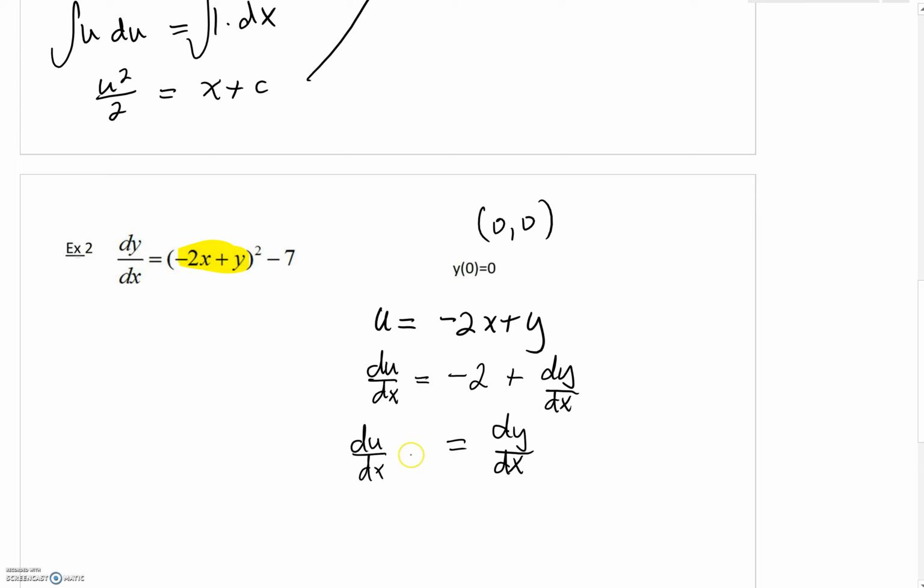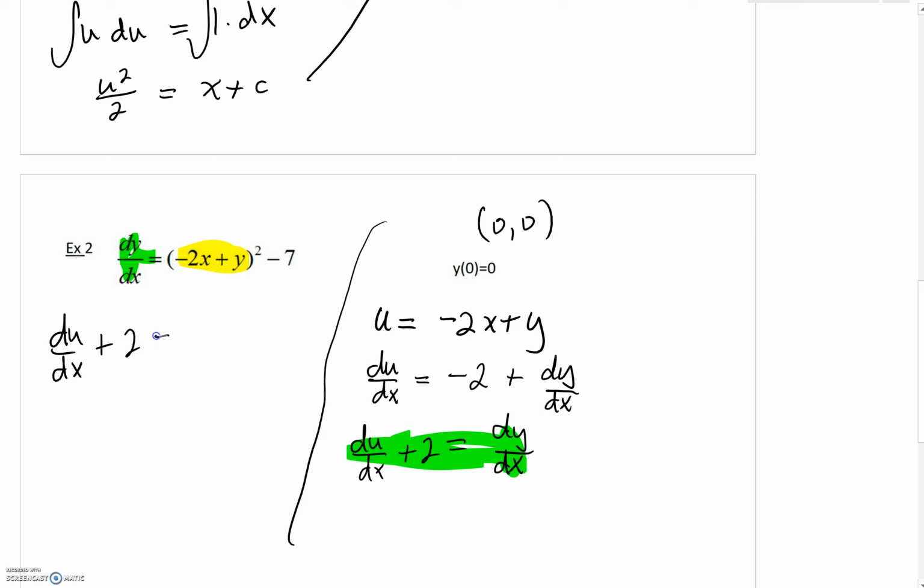Because honestly, if you're going to start substituting, what you're about to do is really take this dy dx, this whole expression right here, and your left-hand side is going to become a du dx plus 2, and then over here on the right, we would have a u squared with that substitution.